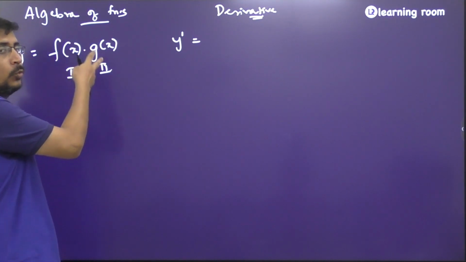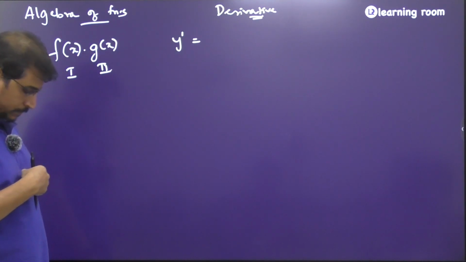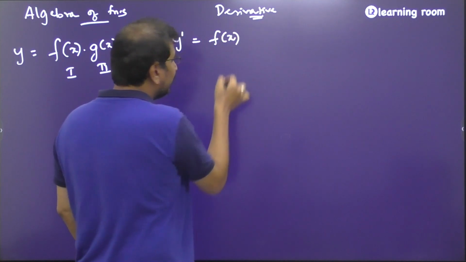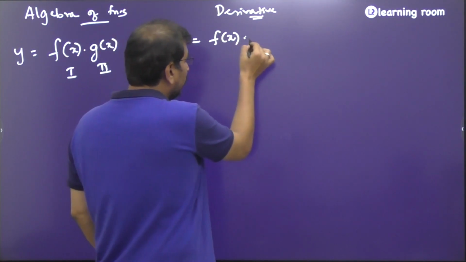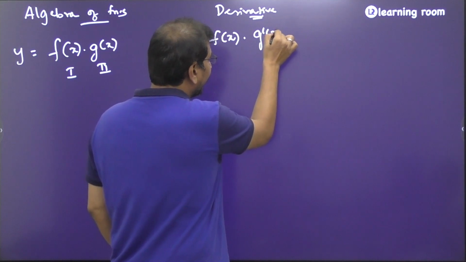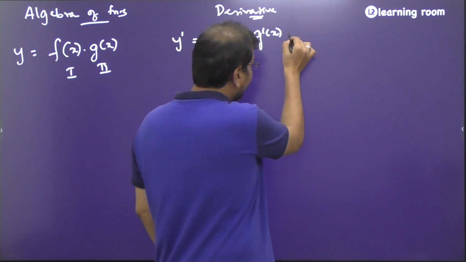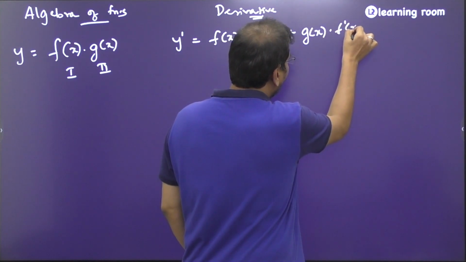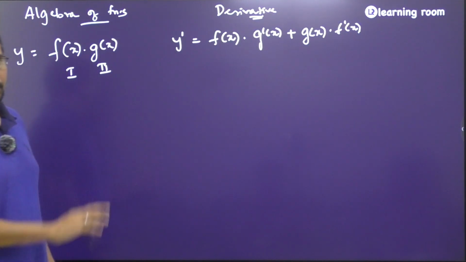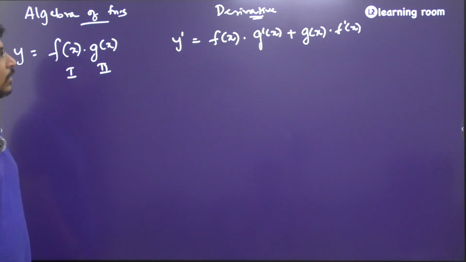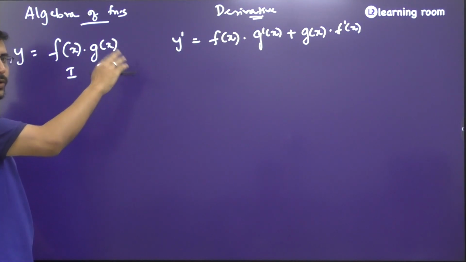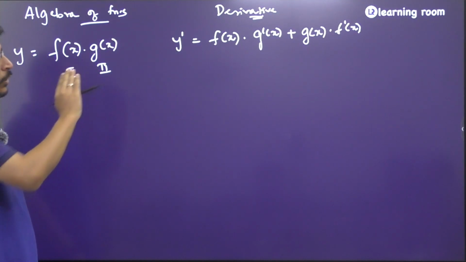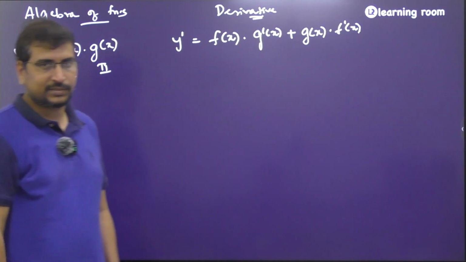Some books will give it as u into v. Basically, it is first function into derivative of second function, plus second function into derivative of first function. You follow a pattern. So it is u into derivative of v plus v into derivative of u. Instead of u and v, I used f of x and g of x.